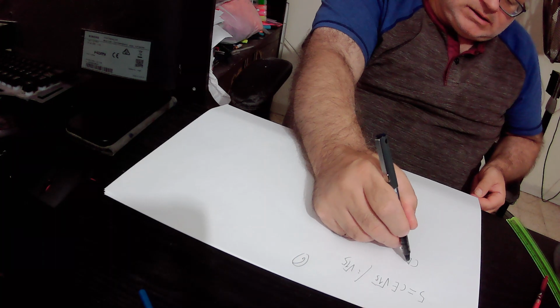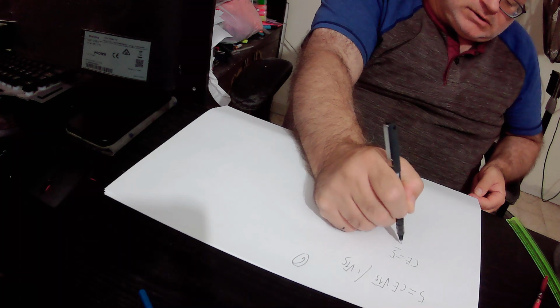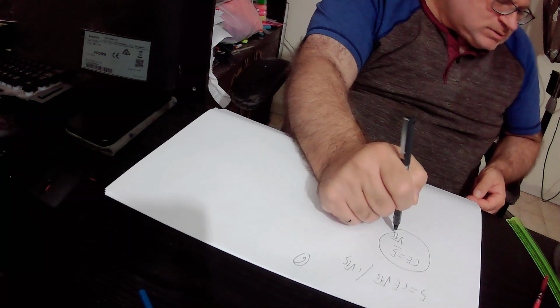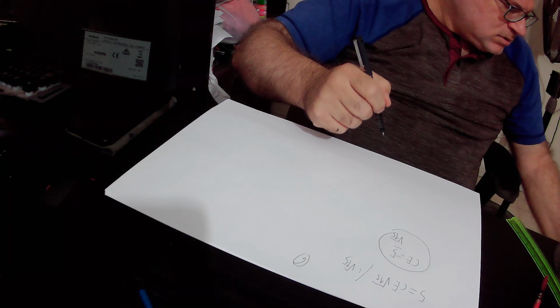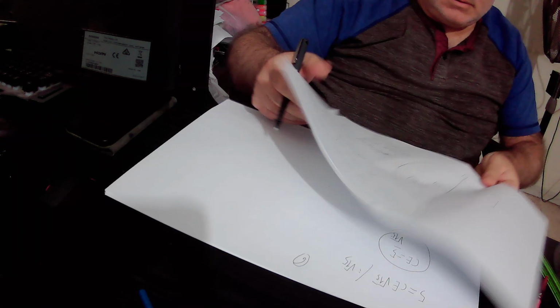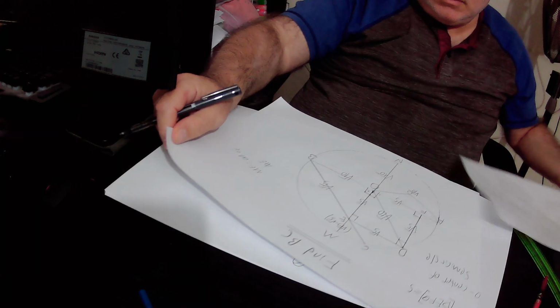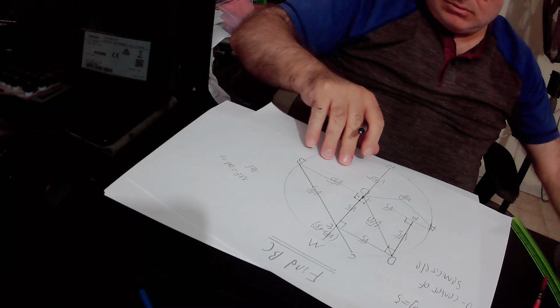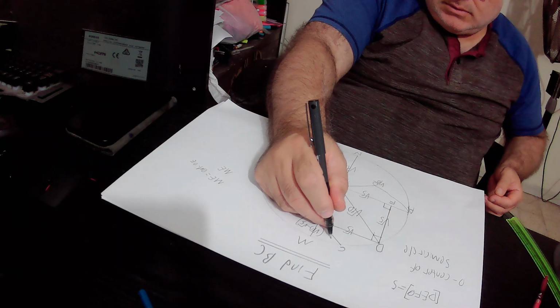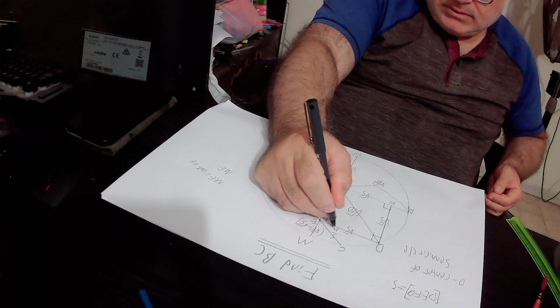And we get that CE equals 5 over square root of 15 units. Here we found out that CE equals 5 over square root of 15.